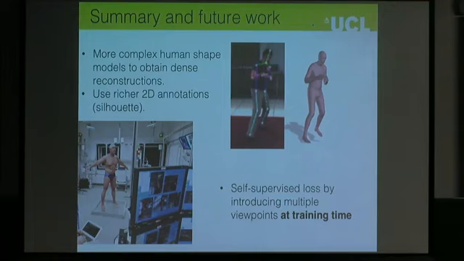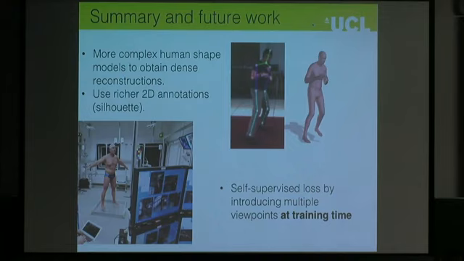If we were extracting silhouettes and imposing constraints on the reprojection of the silhouettes, then we could reconstruct dense models for the humans. And this is something that we're working on right now. This is maybe a bit related to what Andrew presented yesterday, using silhouettes in the context of 3D reconstruction.